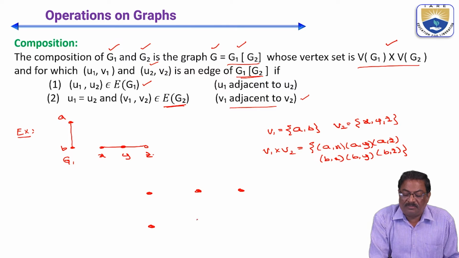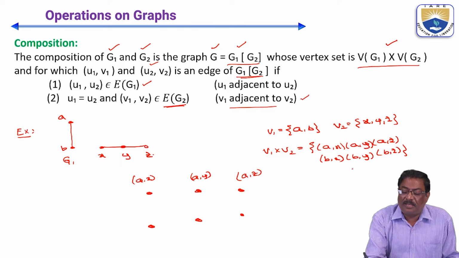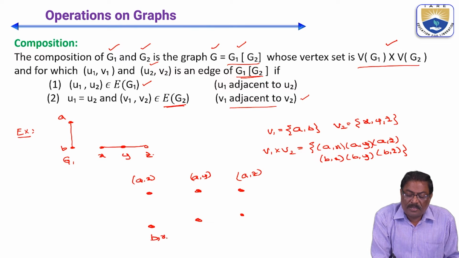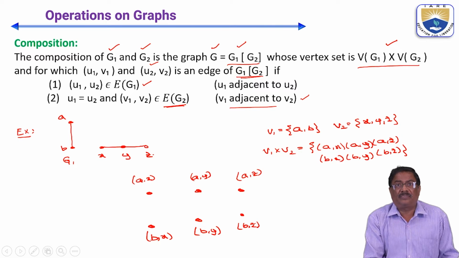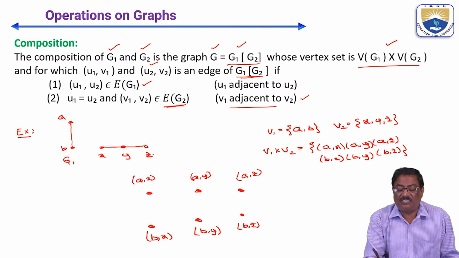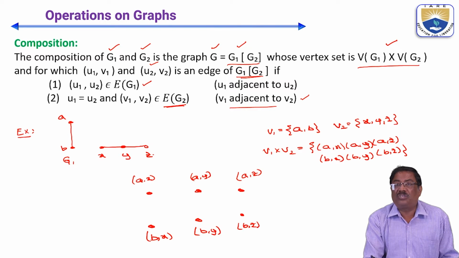The first vertex is (A, X), the second vertex is (A, Y), the third vertex is (A, Z), and similarly the remaining are (B, X), (B, Y) and next (B, Z). So the number of vertices in G1 of G2 is 6.